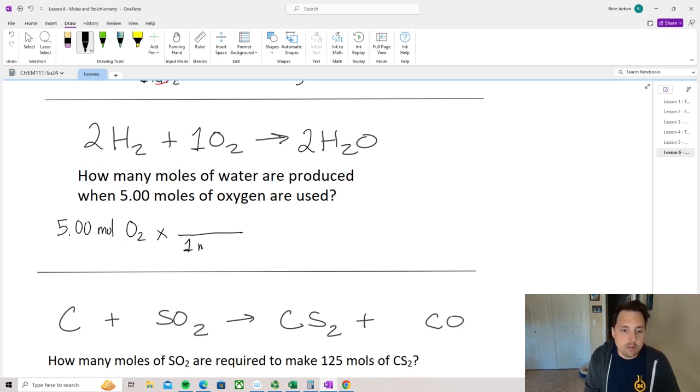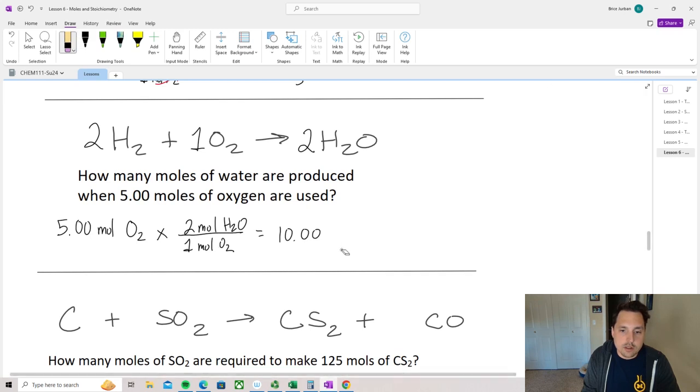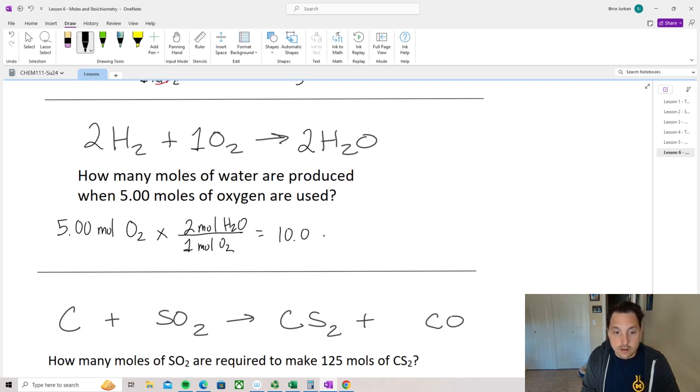We have 1 mole of oxygen, and then we have 2 moles of water that can be produced from that. So it's very similar to the one above. Here I'm going to carry through with all my sig figs. Since there's 3 sig figs here to start with, I need to have 3 sig figs in my final answer. So 10.0 moles of water.